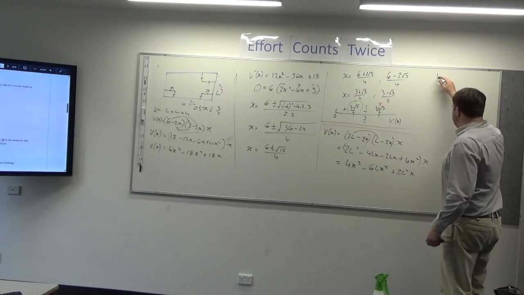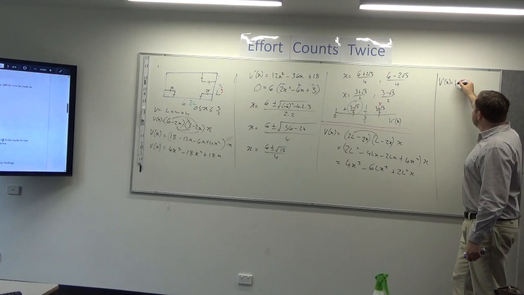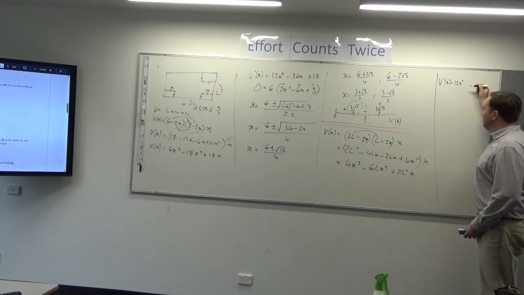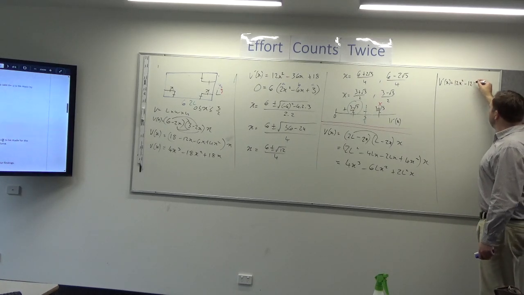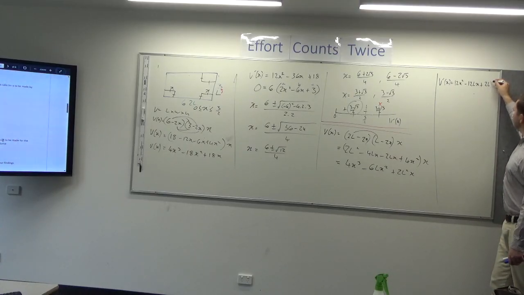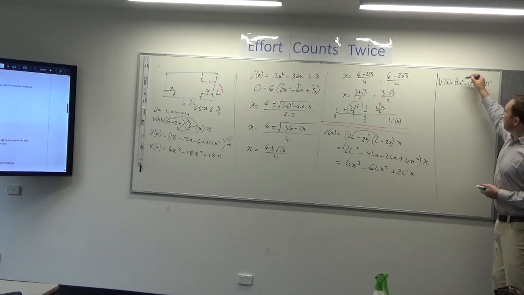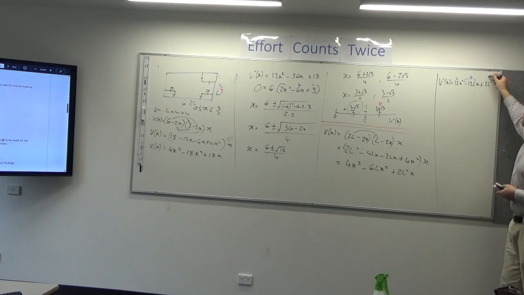Oh, I remember the space here. Let's differentiate. V dash x is equal to 12x squared take 12LX plus 2L squared. Yeah. Then set that to 0 and then think about what our A, B and C are. A is 12, B is minus 12L, C is 2L squared.